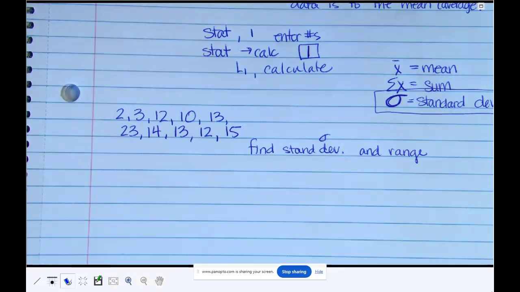Do you need to put them in order in your calculator? You do not. That's a great question. Your calculator will do all its own things, so just pop them in exactly like it's written. Follow those steps and find the standard deviation.